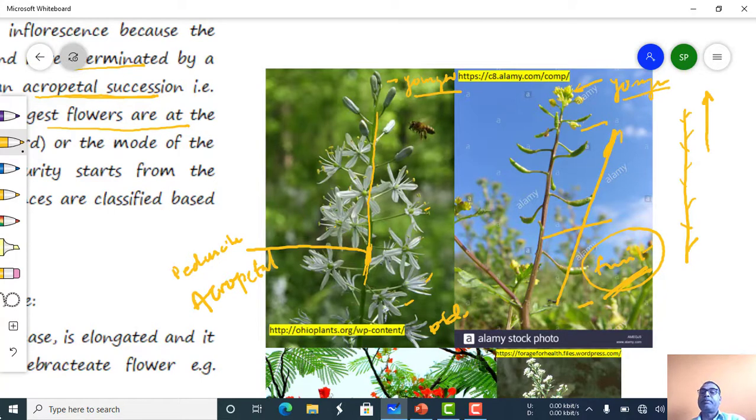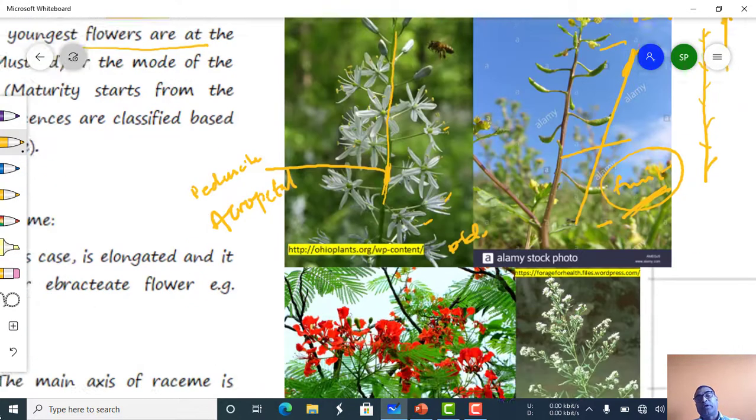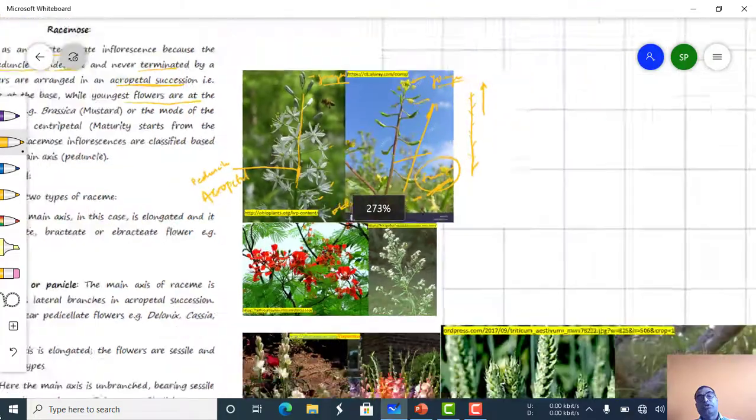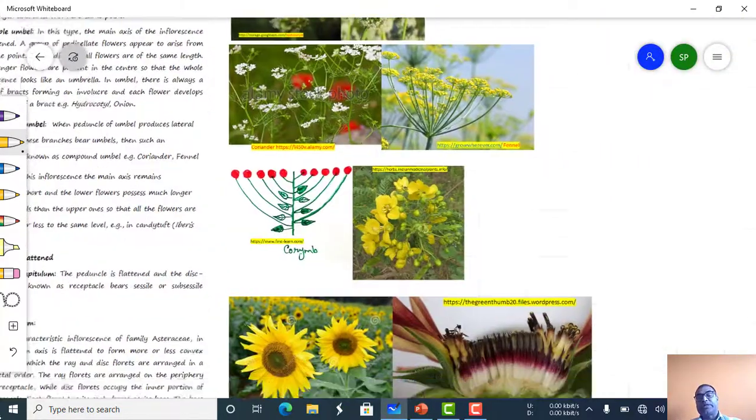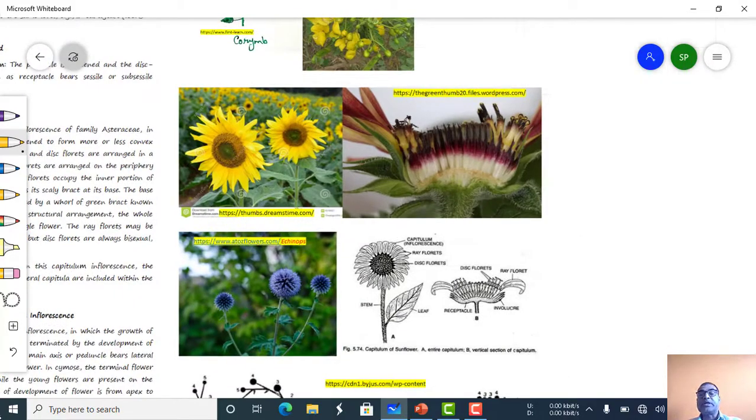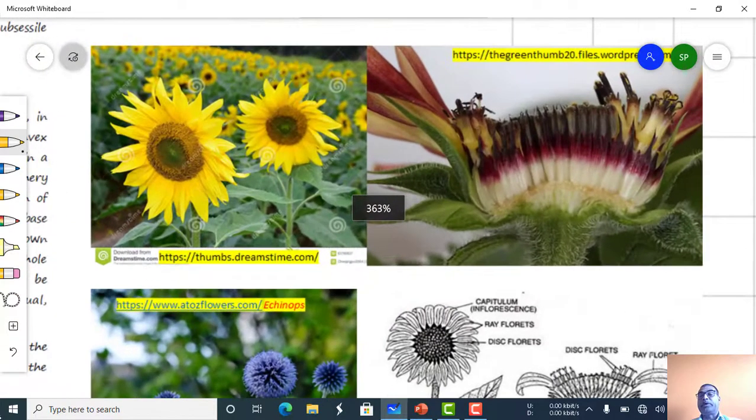This one is a peduncle. So this is the acropetal type of succession, and this is a characteristic feature of a racemose type of inflorescence.